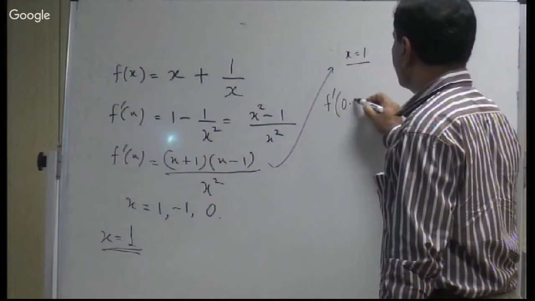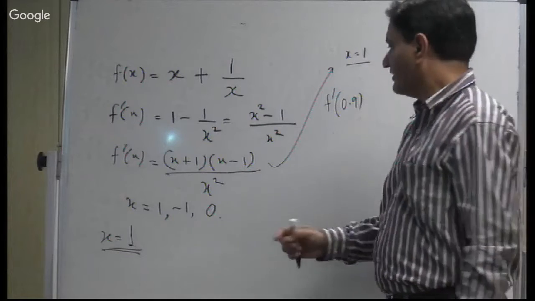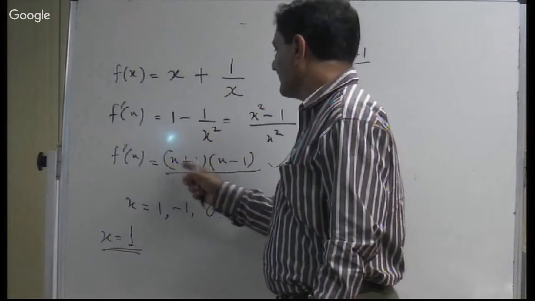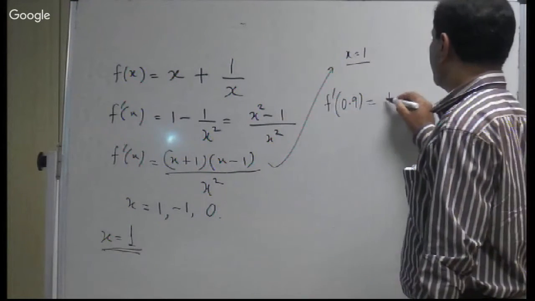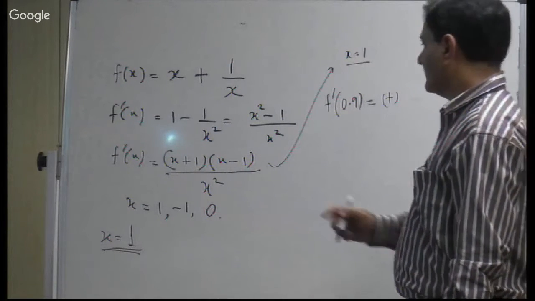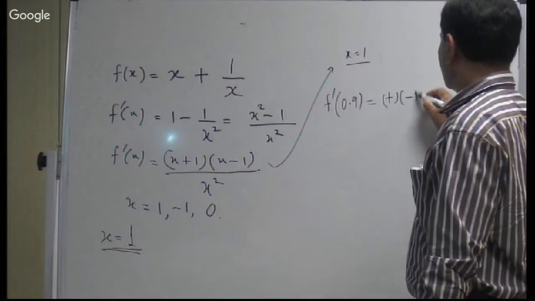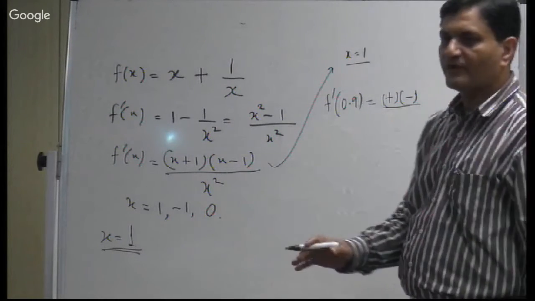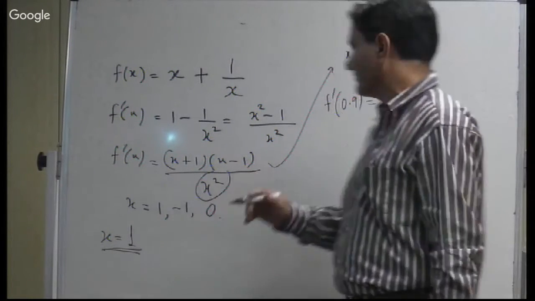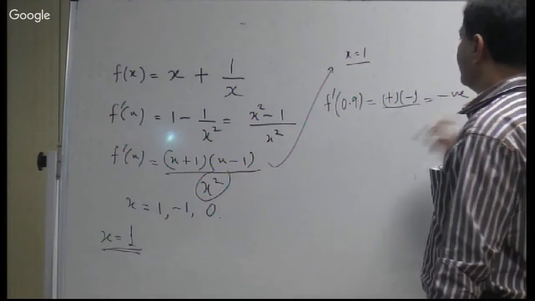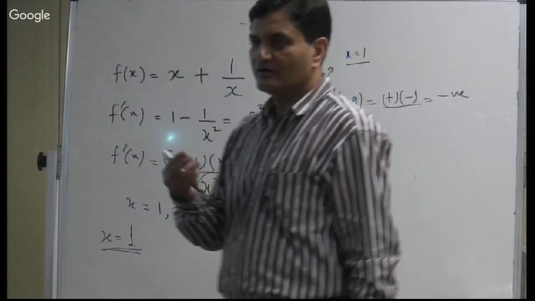Slightly less than 1, I can take 0.9. Now, if you substitute 0.9 here, 0.9 plus 1 is positive, and 0.9 minus 1 is negative, and the denominator we don't have to worry about because it is a square. It will always be positive. So the sign is negative.